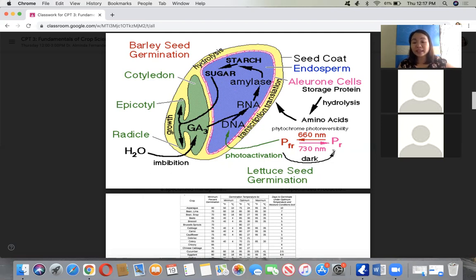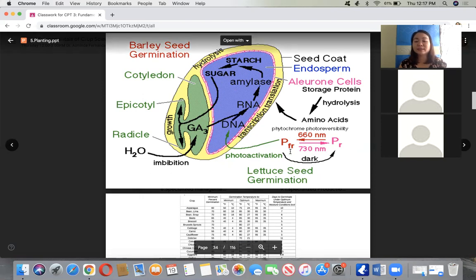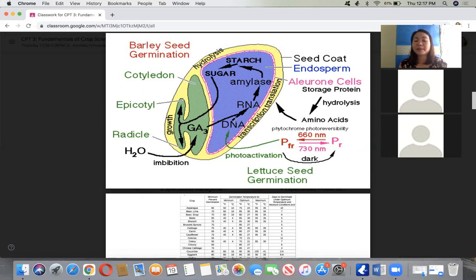It needs far red light, which is converted to phytochrome red, and then converted again to phytochrome far red, to activate its DNA and RNA and to produce amylase, the enzyme responsible for degrading the endosperm.